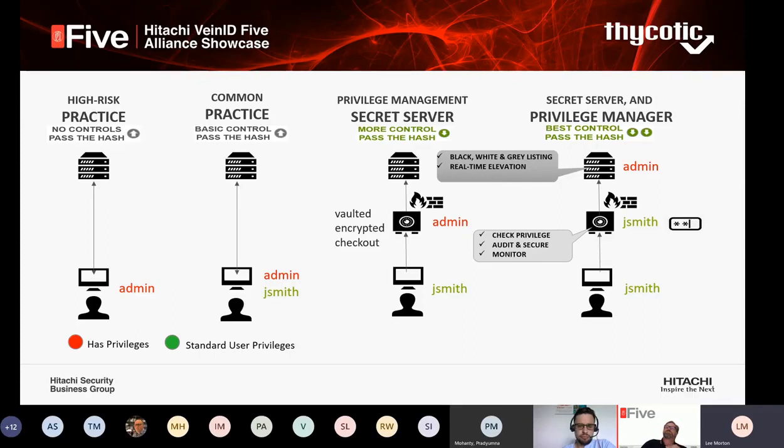So we literally can say, okay, if you want to access this credential, your access needs to be approved by somebody else. Or we can say, because these privileged credentials are often not named, they're not tied to an individual, multiple people could have access to that.